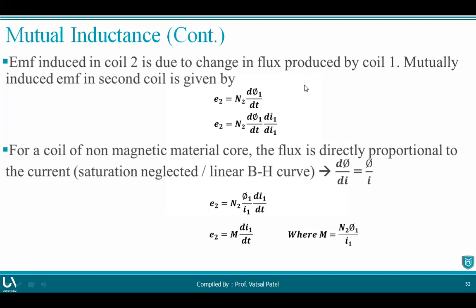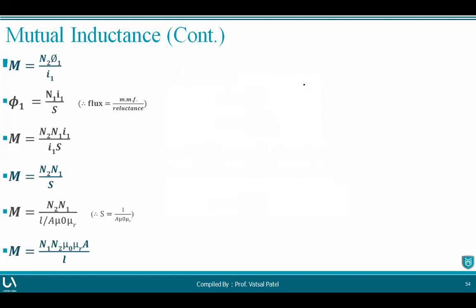So now if we go ahead, just like your self-inductance, we can use the equation M is equal to N2 phi1 by I1, where N2 is the number of turns of the second coil, phi1 is the flux produced by coil 1 and I1 is the current passing through coil 1.